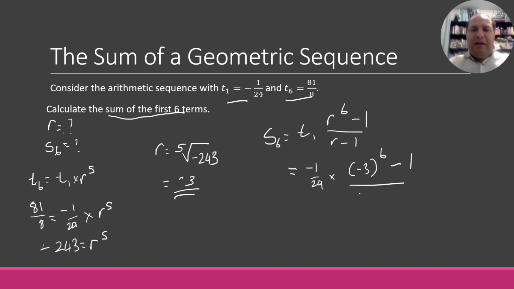And then divided by negative 3 minus 1. All substituted in, you end up with 91 over 12 as your answer there. Semi-complex problem, but just getting the values, substituting them in, you can work out the sum pretty easily.